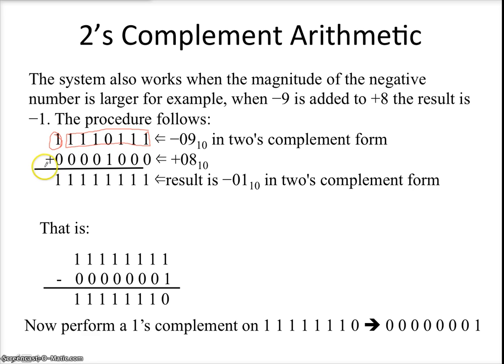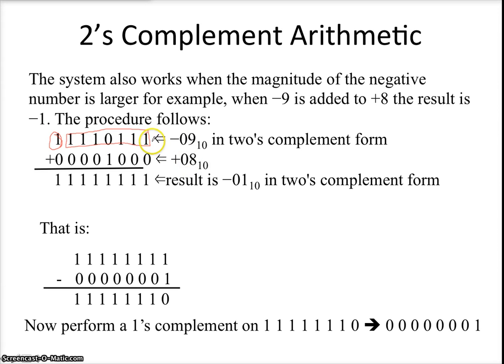So 2 to the 6th, okay, would be 155 max. So that's the maximum absolute value that you can do with 2's complement in 8-bit arithmetic.